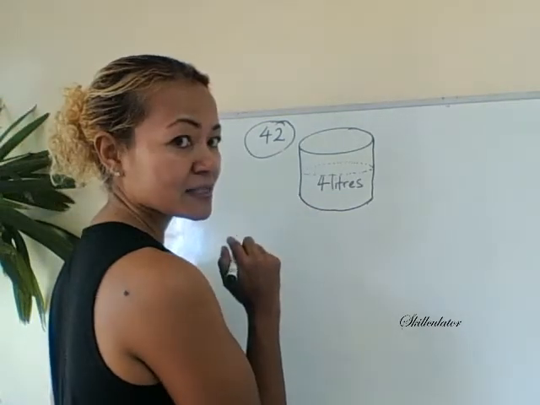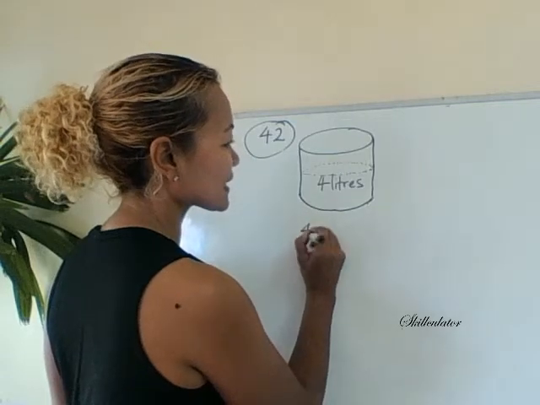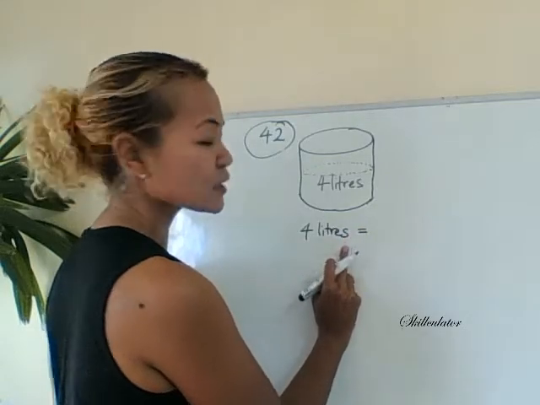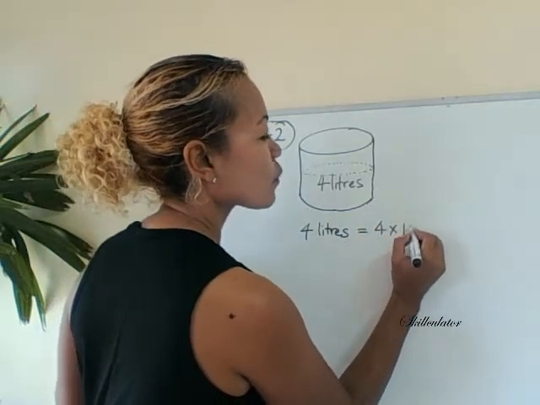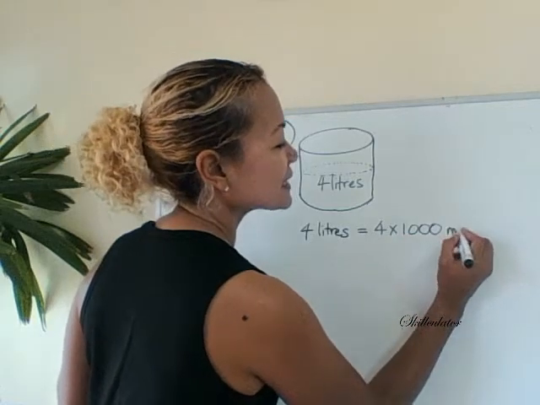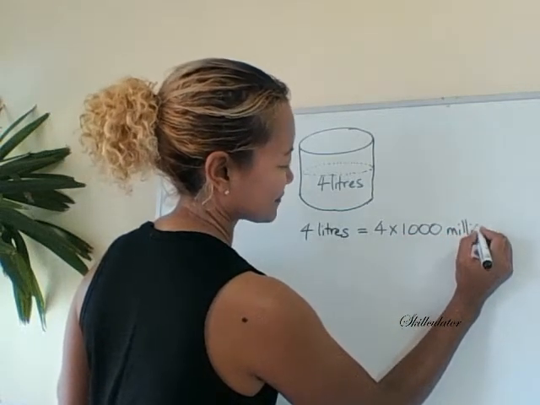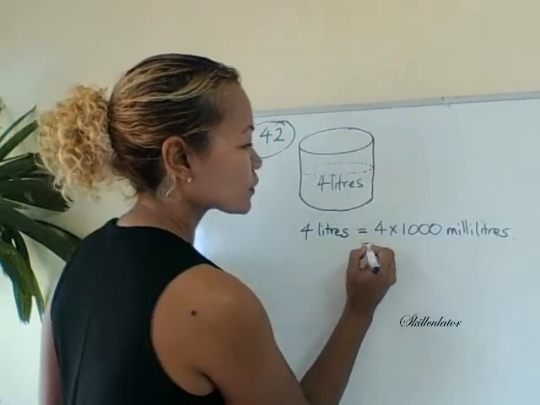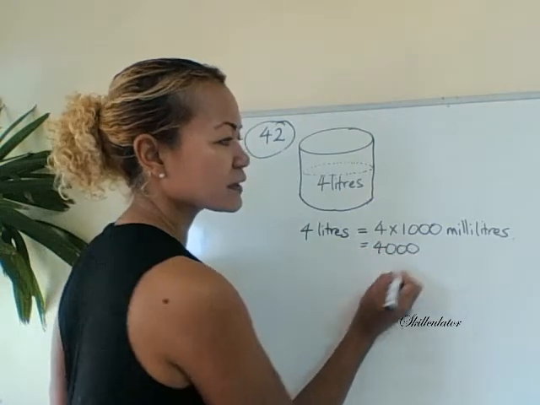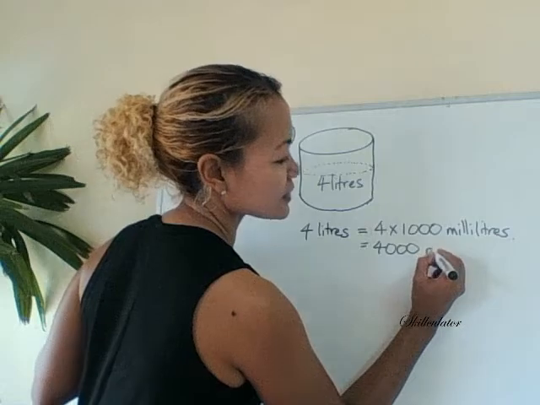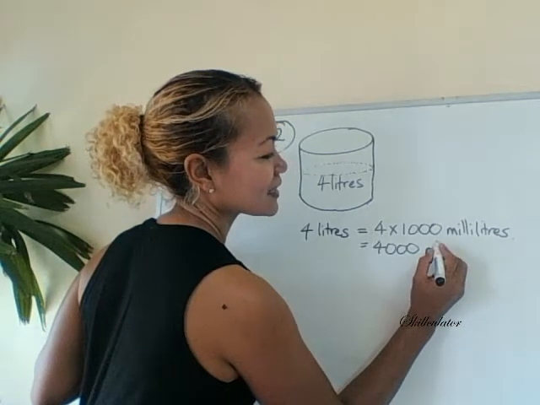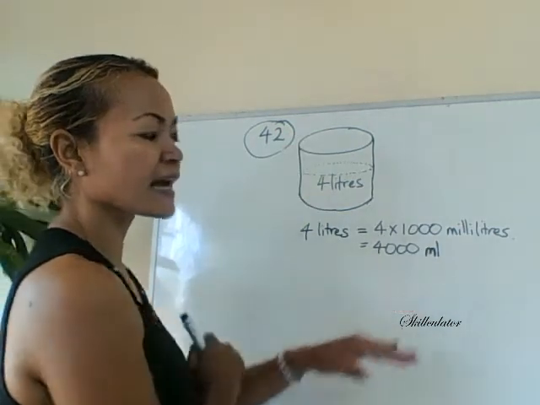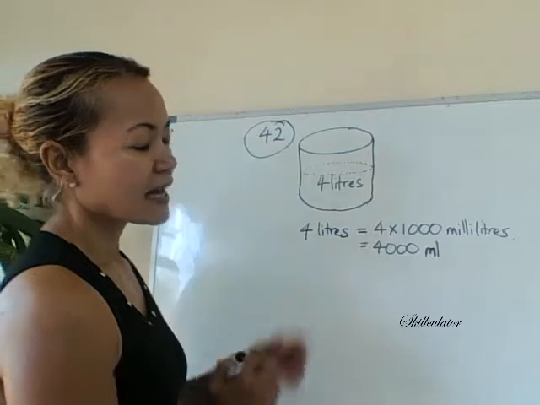If I were to express that in milliliters, I would say 4 liters equals 4 times 1,000 milliliters, which is equal to 4,000, and I'll just put the abbreviation for milliliters, which is ml. Okay, so now we have expressed the volume of the can in milliliters, and now we'll do the problem.